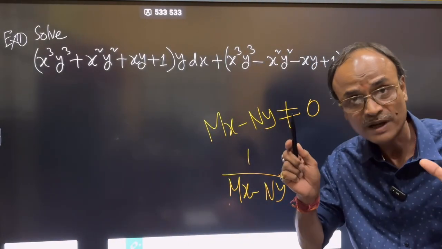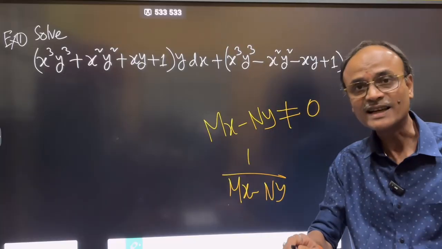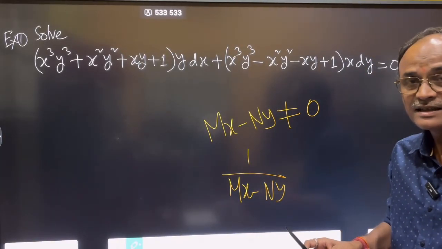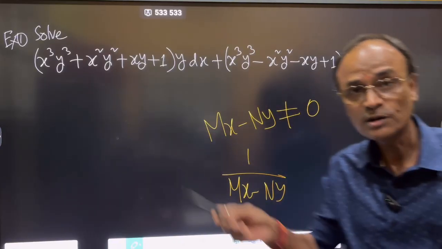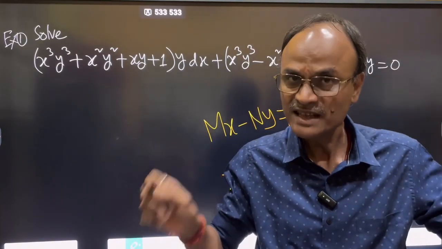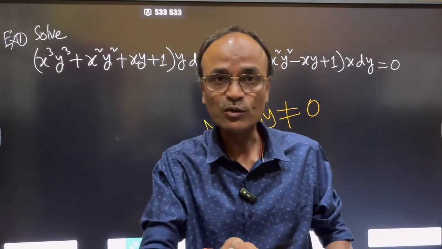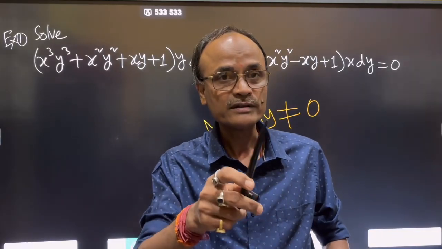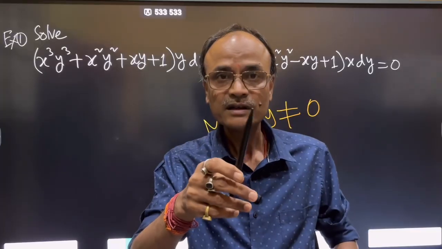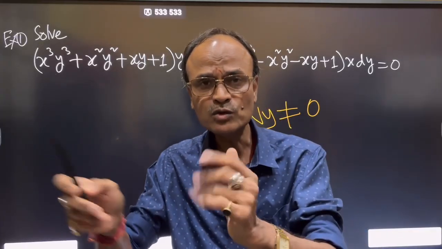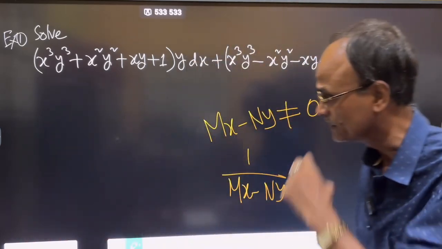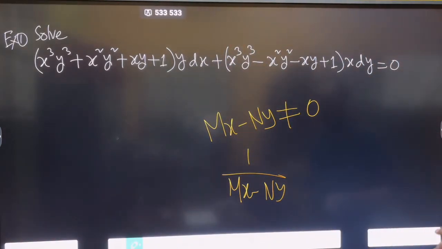If you multiply the differential equation by the integrating factor, then the differential equation becomes exact. It means the differential equation can be expressed in the form du equal to 0, that is, d of a function of x and y equal to 0.